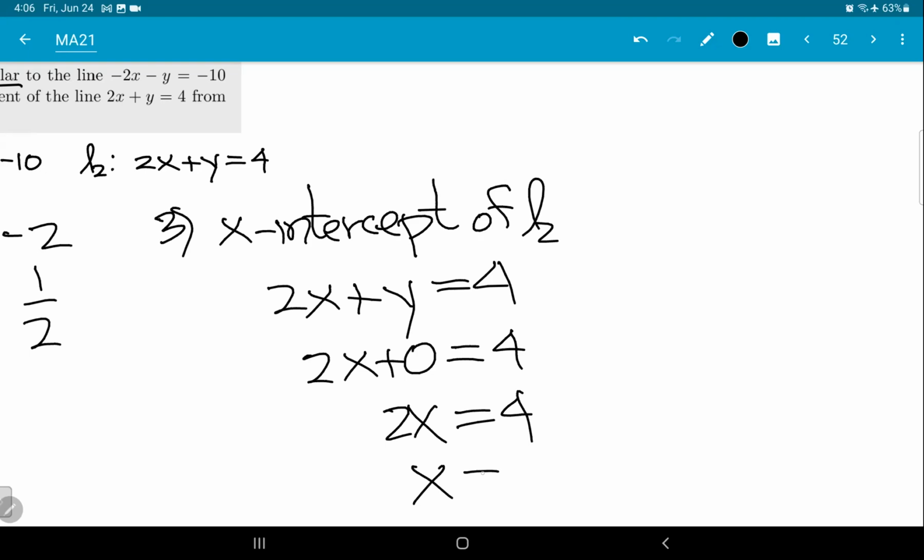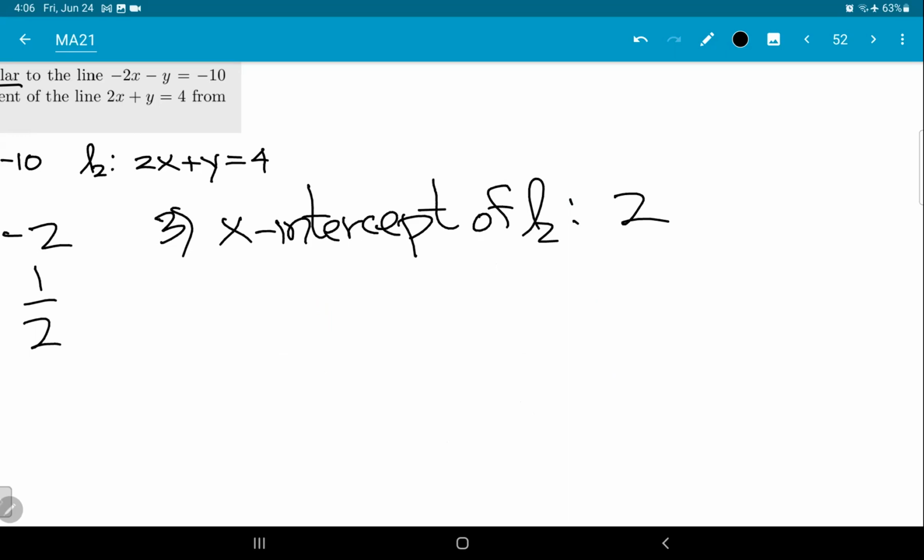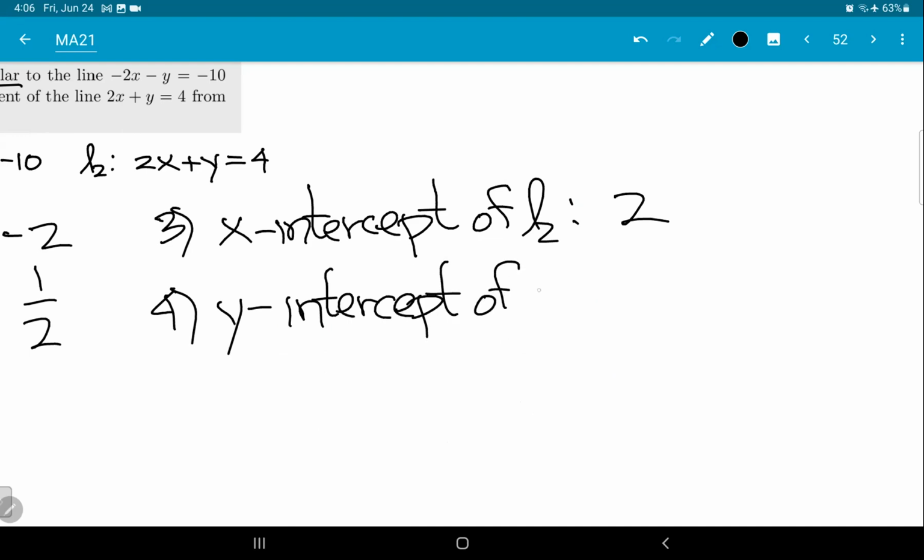So the x-intercept is 2. Similarly, for the y-intercept, you set x to 0. X to 0, ano?